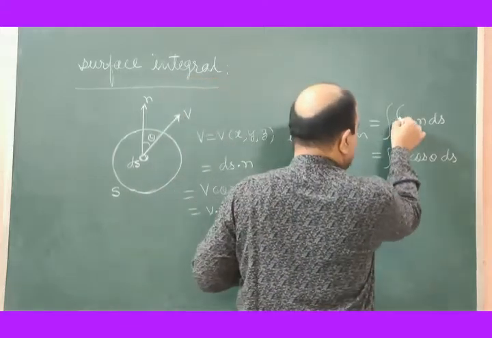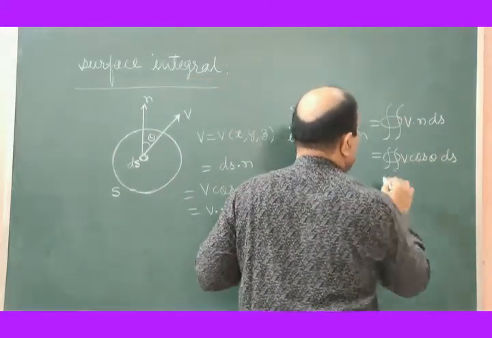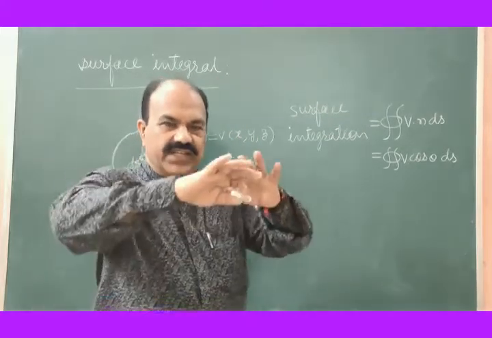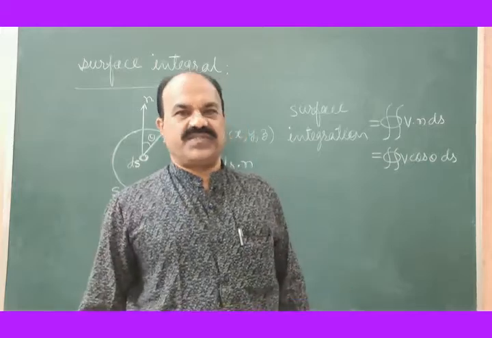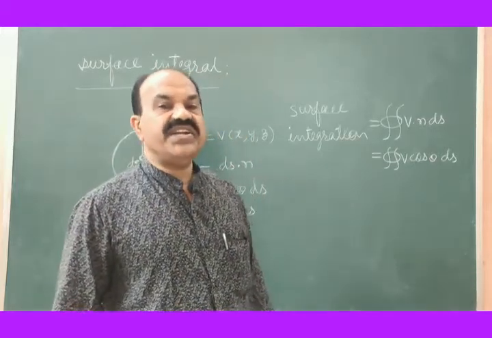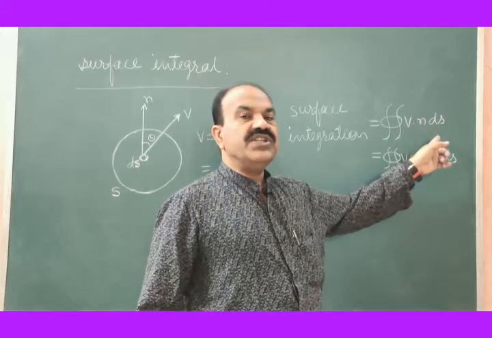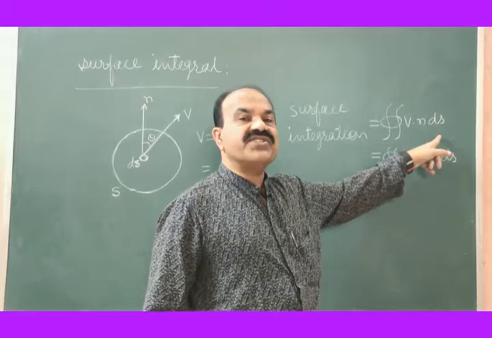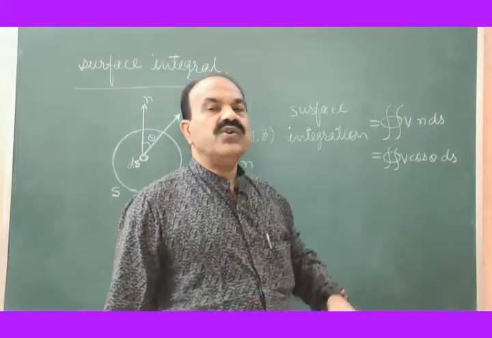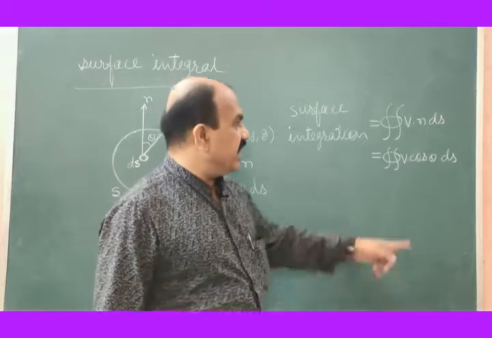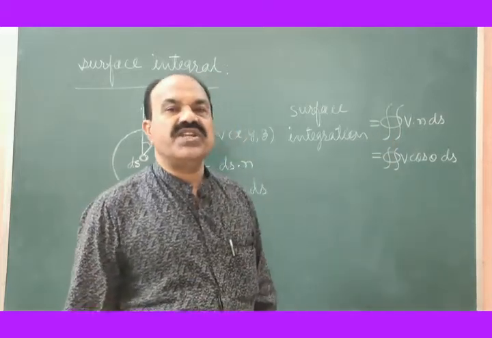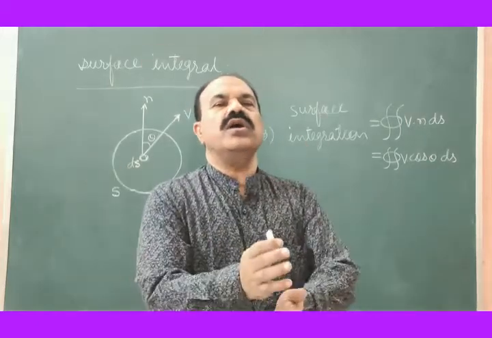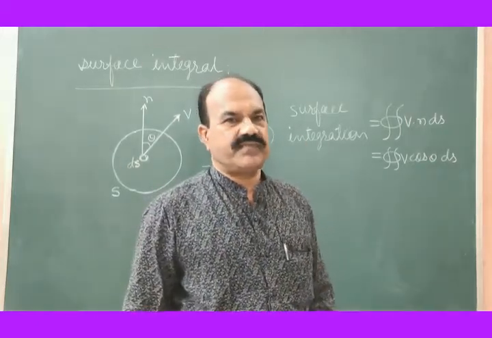To represent this, you can put a circle on this double integral, to represent that the surface S is closed, and we are taking integration of this flux of vector over surface element ds. We show here two integration signs, and a circle is placed on it representing that this is surface integration over a closed surface.